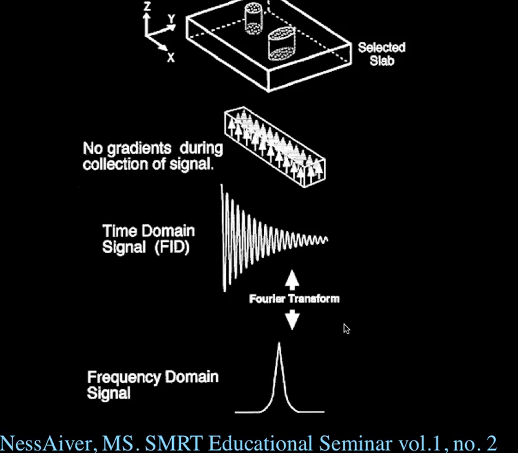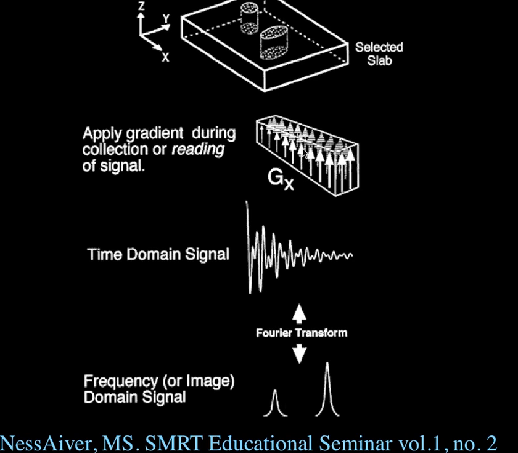So if we have two beakers of water, like we talked about before, if we have no gradient on, they'll all be at the same magnetic field. We'll get one nice, simple little signal coming back, and we'll get one peak. If, however, we put a frequency encoded gradient on at the time we have these two beakers of water, there'll be a little bit of signal here at low magnetic field, a lot of signal at high magnetic field.